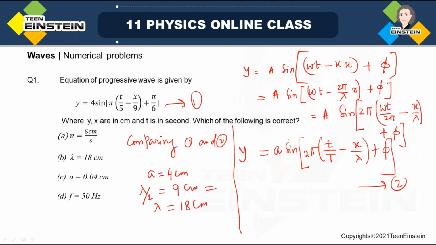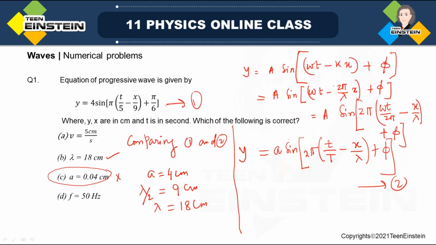The lambda we have here is actually lambda by 2. If you think that way, then this much is equal to 9 centimeter. All right, so this is how you can find out lambda. So we have seen that this answer is wrong. Lambda is 18 centimeter, fine.